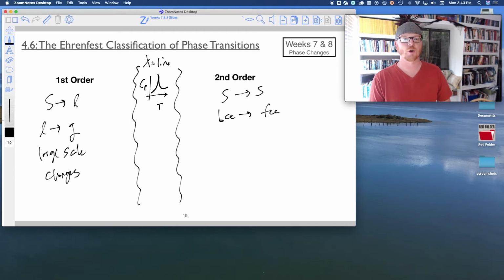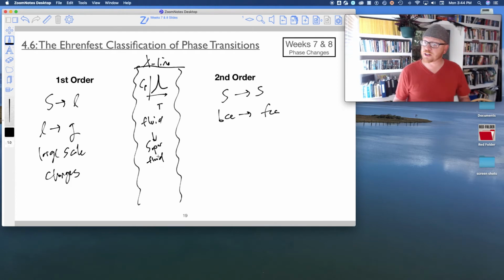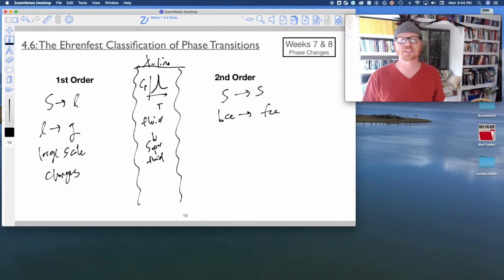Okay? So the lambda line is in reference to things that are in between. Definitely from a fluid to a superfluid is one of these in-between types of phase transitions that would have a lambda line, such as helium.